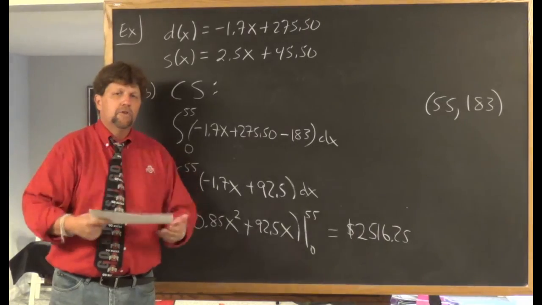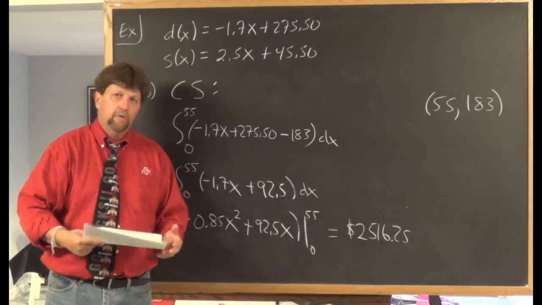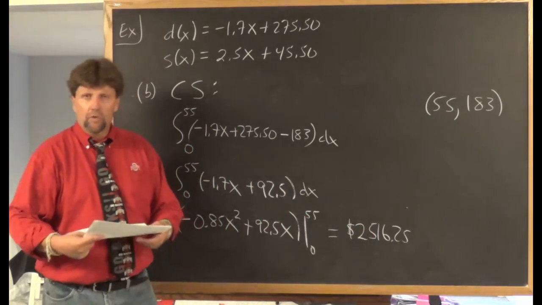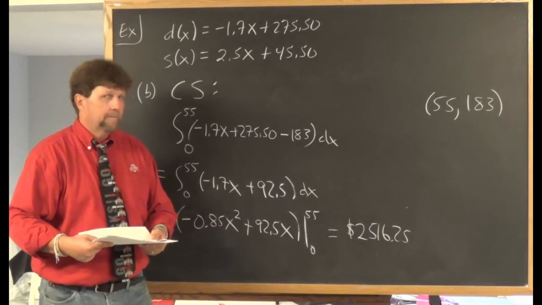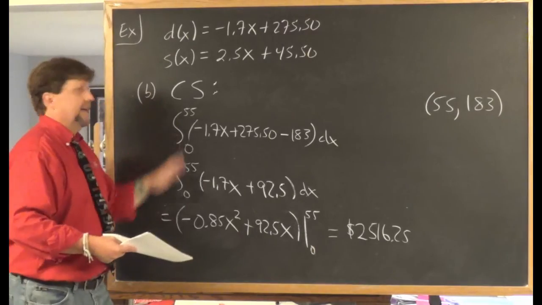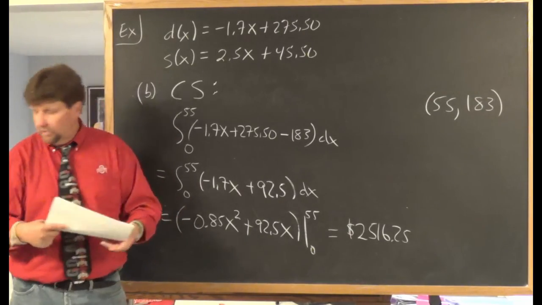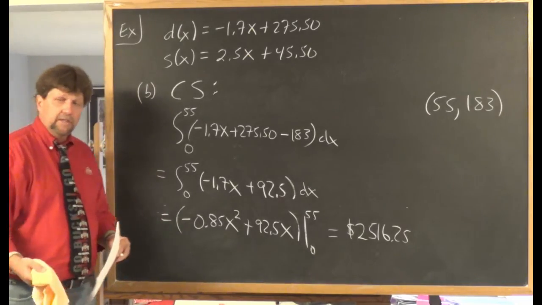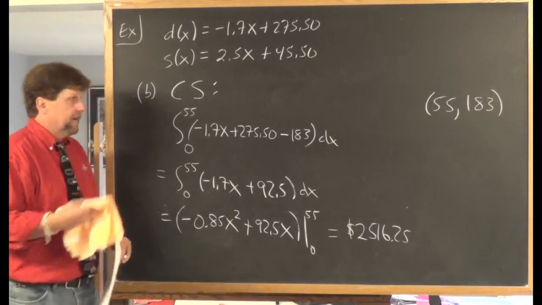So my consumer surplus at equilibrium demand is $2,516.25. I'm going to have to erase this so I can do the producer surplus. So if you have to pause it to write anything down, please do that because it's going to disappear.